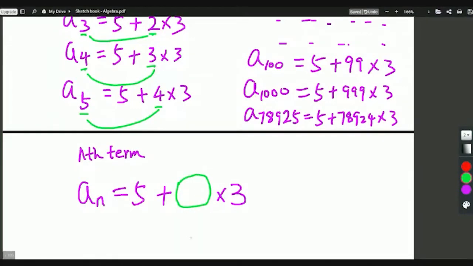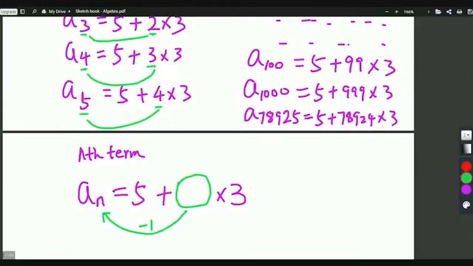What about this part? Would this part be 1 less than this one? Yes. So how do you describe this part? This is n, and this is 1 less than n. How do you describe it? n-1 in parentheses.